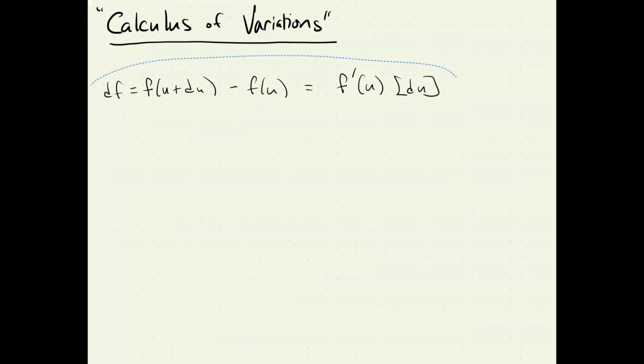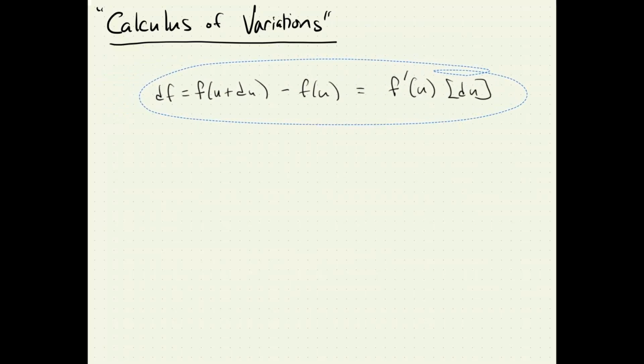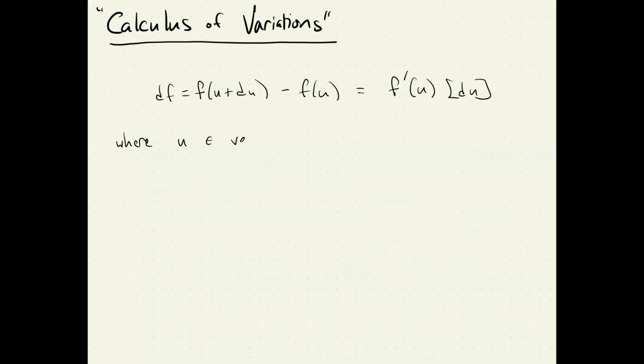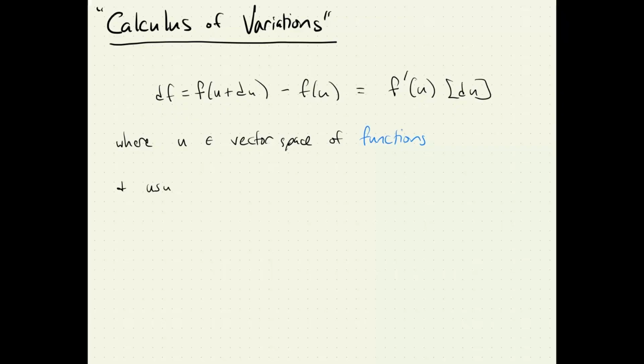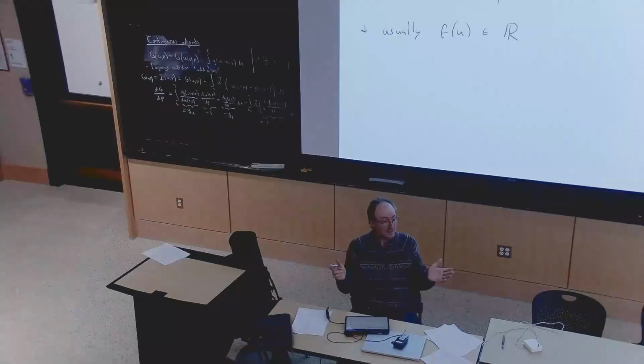It's the same formula, except that now u is in a vector space of functions. And usually f is a scalar. F of u is just a real number. Okay, so we're going to take a function and map it to a real number.